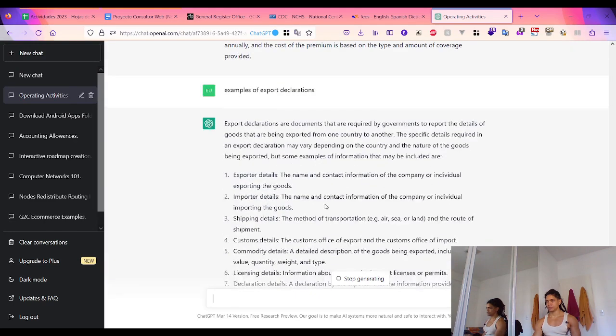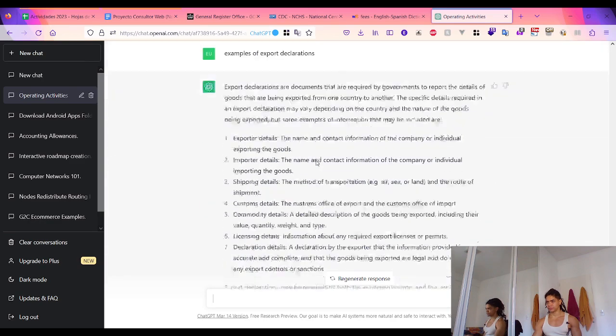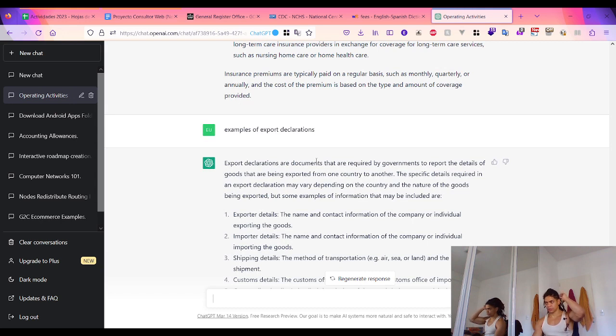But after all, it's a document. Export declarations are documents that are required by governments to report the details of goods that are being exported from one country to another.